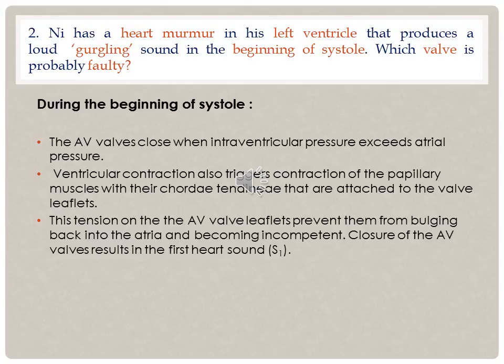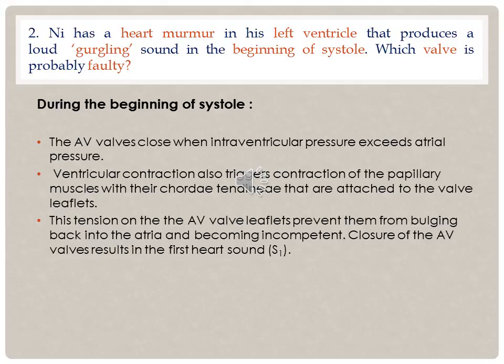Systole actually represents the time during which the left and right ventricles contract and eject blood into the aorta and pulmonary artery respectively. During the beginning of systole, the atrioventricular valve, which is the AV valve, closes when intraventricular pressure exceeds atrial pressure.